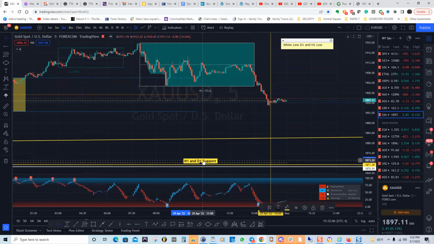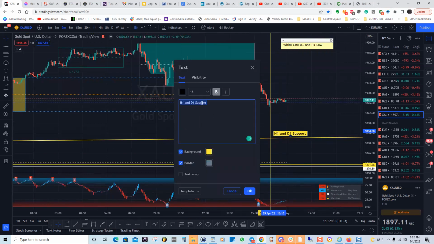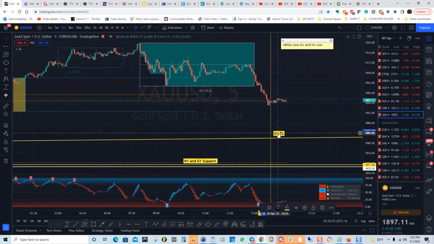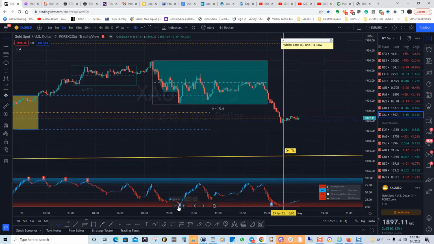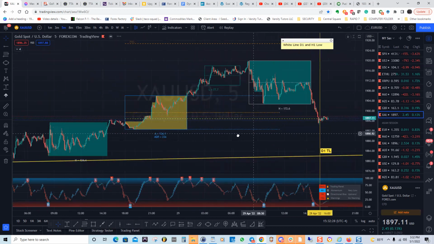This is a trend line, daily support. Sorry, this is the D1 trend line, TL for that, okay? So now we sit back and wait.